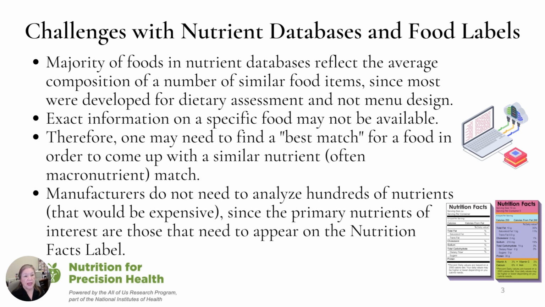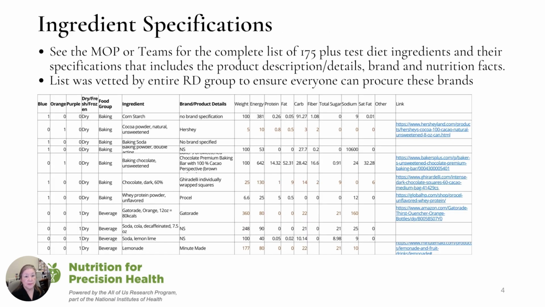Therefore, we have to find a best match for a food in order to come up with a similar nutrient match. And often this is the macronutrients of importance, because manufacturers do not need to analyze hundreds of nutrients that appear in food composition databases, since the primary nutrients of interest for the food manufacturer are those that need to appear on the nutrition facts label.